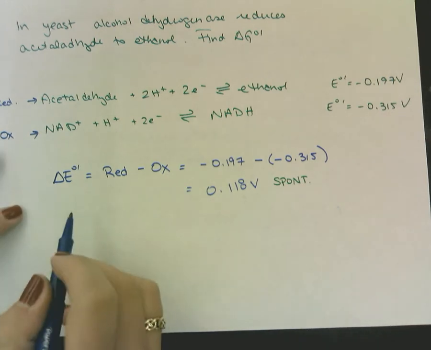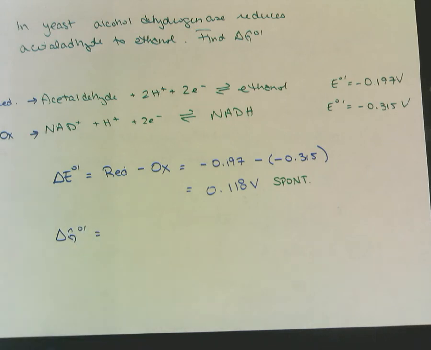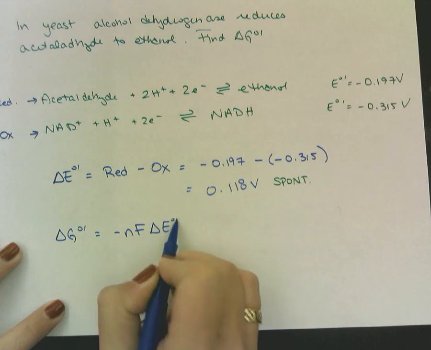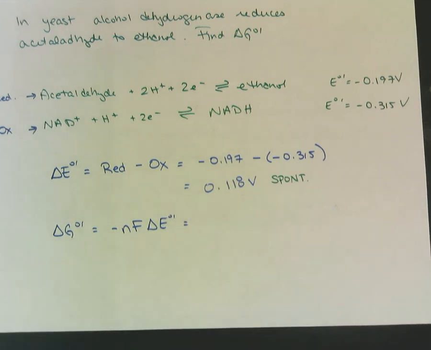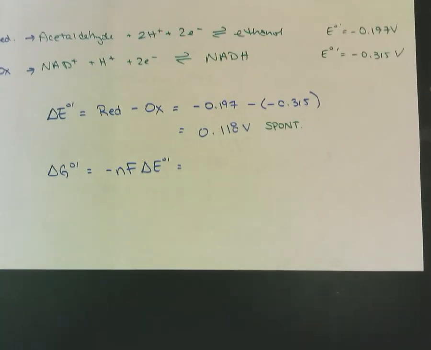So then the question wants me to find delta G. So to find delta G, I use the equation negative nFE. What value do I put in for n? n is the number of electrons being transferred. 2. Mm-hmm.